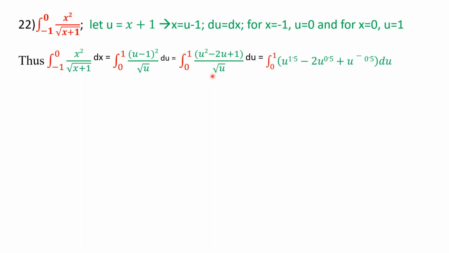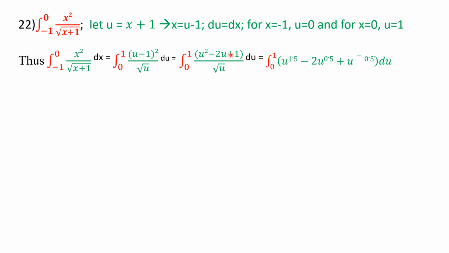Denominator will become equal to 1. Numerator dividing by square root of u is just like multiplying by u to the power negative 0.5. And when we multiply each term by u to the power negative 0.5, the first term will lose 0.5. It will become u to the 1.5.